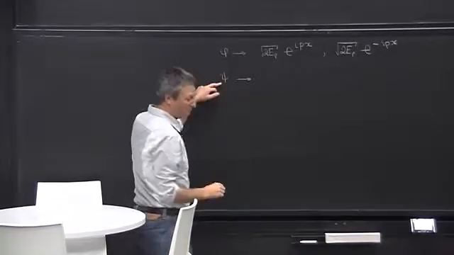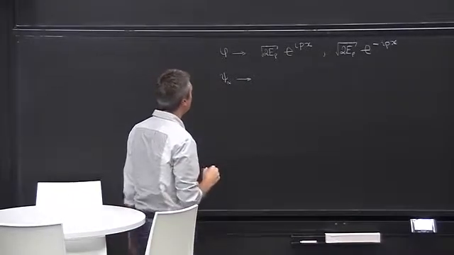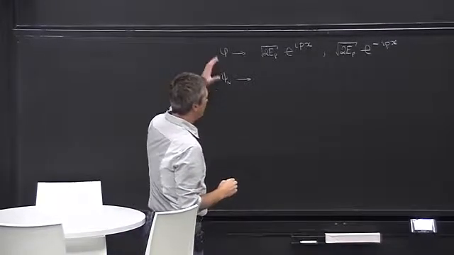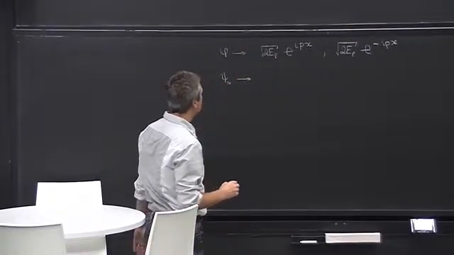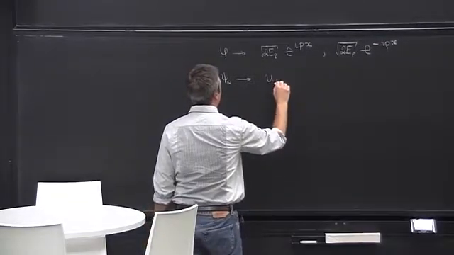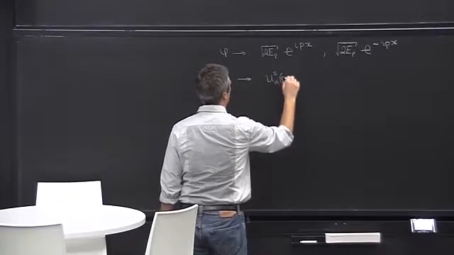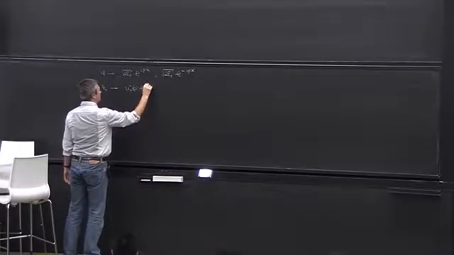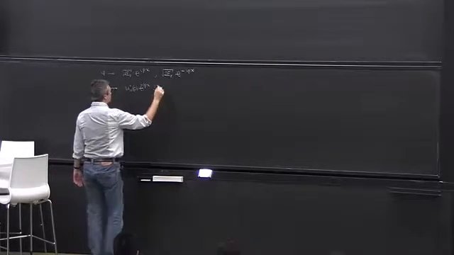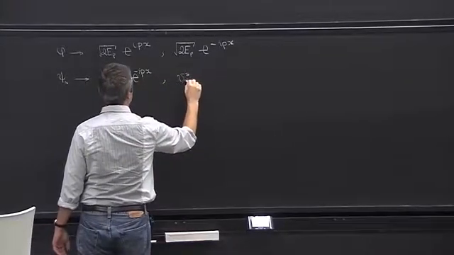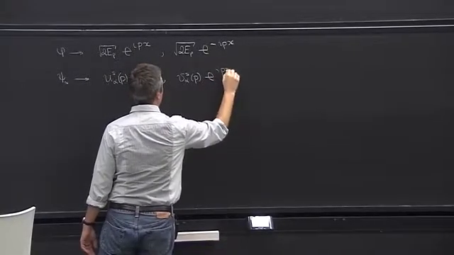But now the Dirac field has an index. It's a spinor. So for any plane wave, there will be two independent solutions, as we saw. We denoted them as u^s_alpha(p) e^{-ipx}, and then v^s_alpha(p) e^{+ipx}.